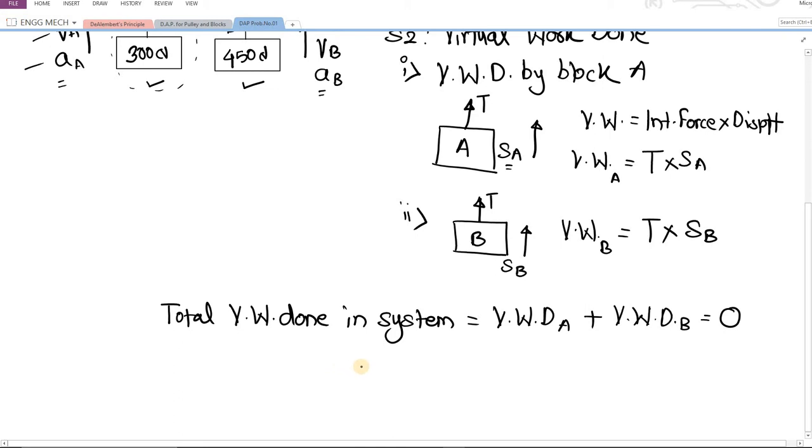Now virtual work done by block A is T into SA, plus T into SB.